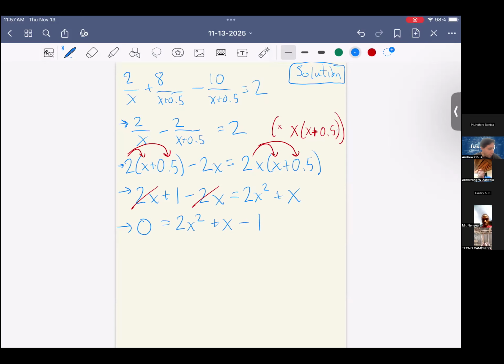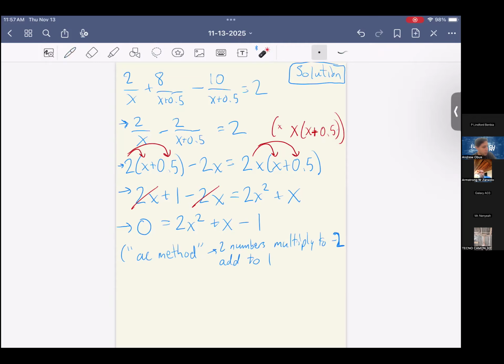These numbers are small enough that you can probably just factor this by sight if you want to. But just to recall, we had this AC method that we talked about last time. We want to find two numbers that multiply to minus 2, that's A times C, and add to 1, which is the coefficient of x.